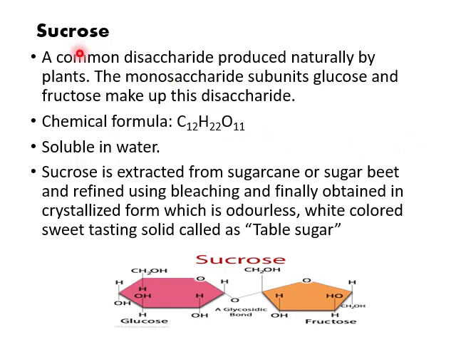So sucrose is a common disaccharide produced naturally by plants, and it is a carbohydrate. Being a disaccharide, it is obvious that it will be made up of two monosaccharide subunits.